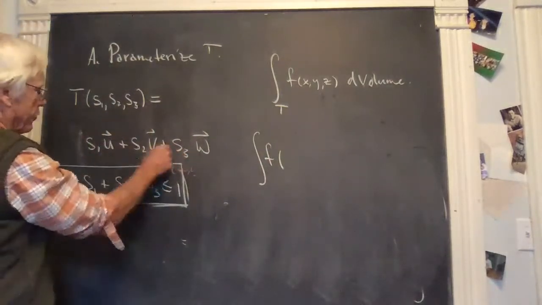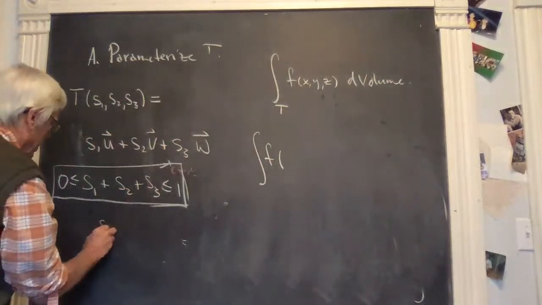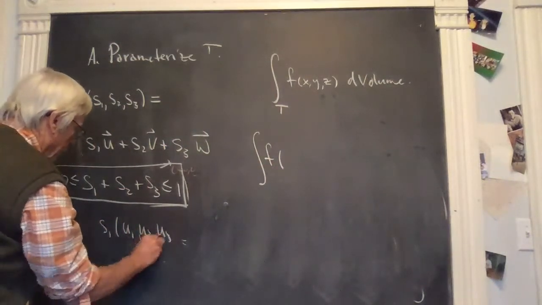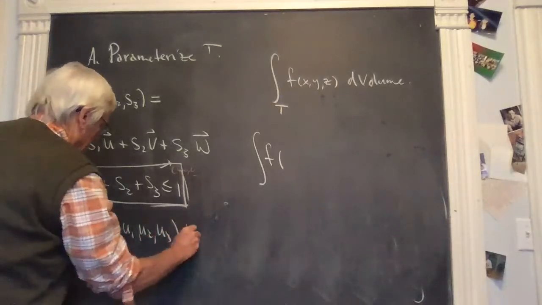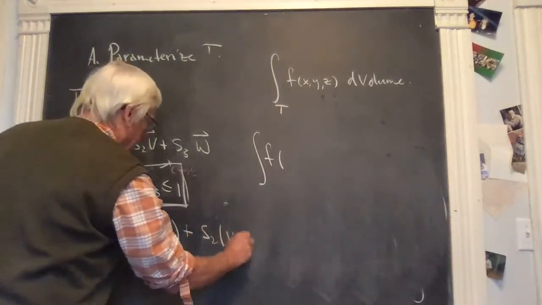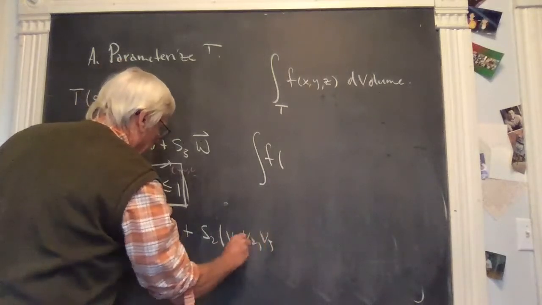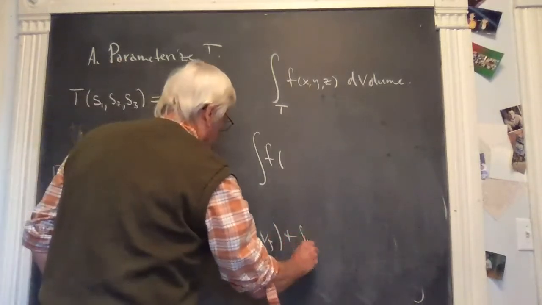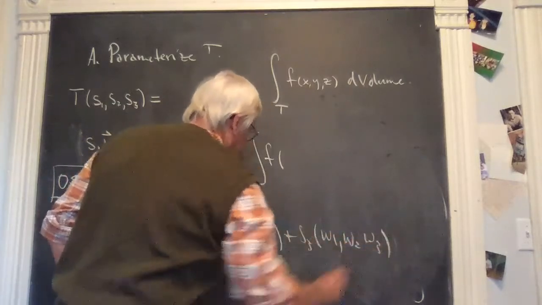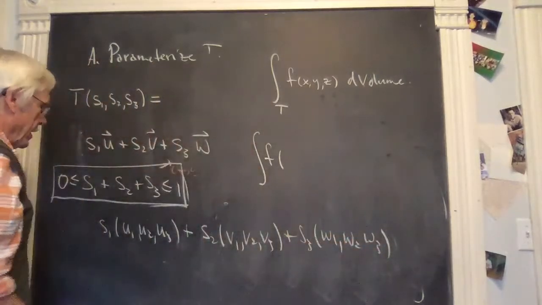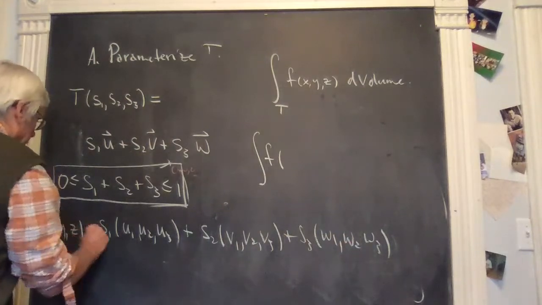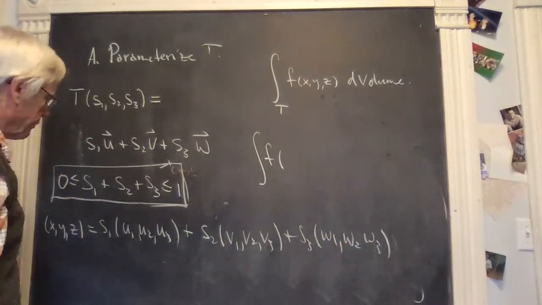This is kind of a vector equation. So this is S1 times u1, u2, u3 plus S2 times v1, v2, v3 plus S3 times w1, w2, w3. And this is what x, y, z is. This is what your substitution is.